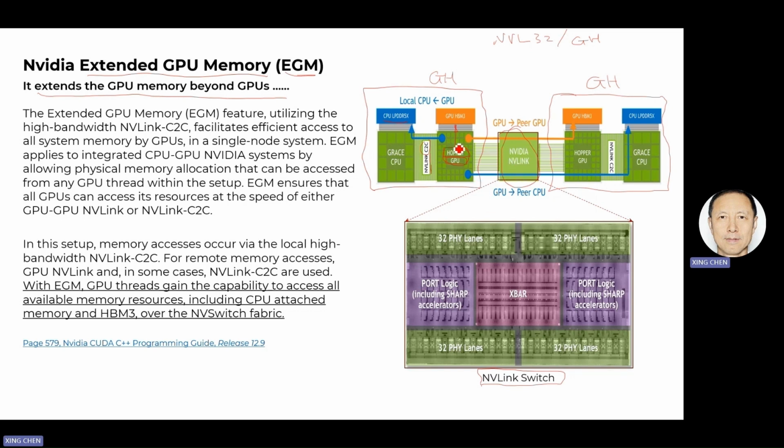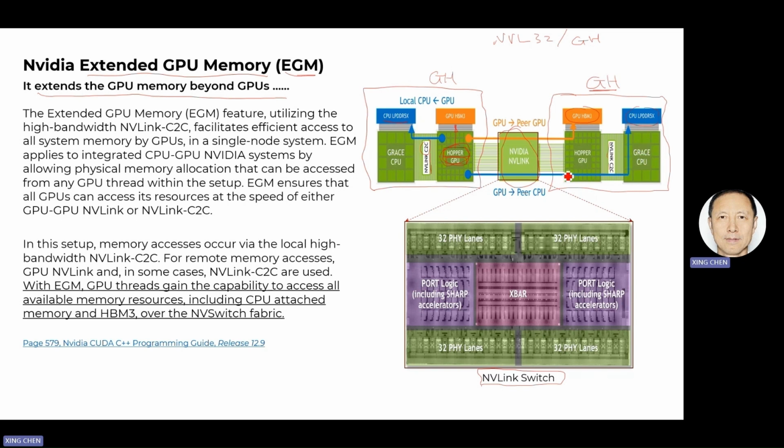Then with this kind of NVLink network with NVLink switch, this Hopper GPU can access a remote Grace Hopper superchip's GPU memory and CPU memory, as shown by this yellow line with an arrow and the blue line with an arrow. If you have to access the CPU memory, you have to go a little bit further. After you have gone through this NVLink network, you have to use this NVLink C2C to reach your final destination, which is the CPU memory.